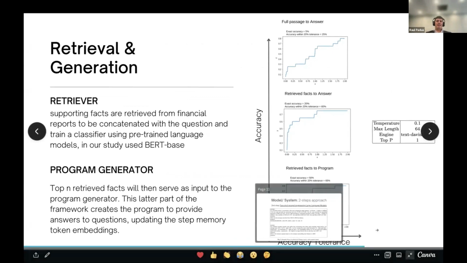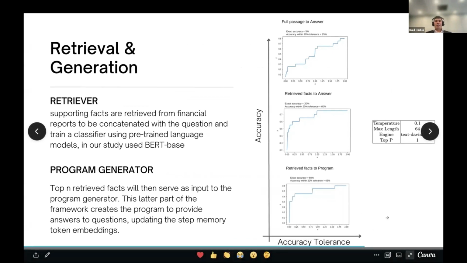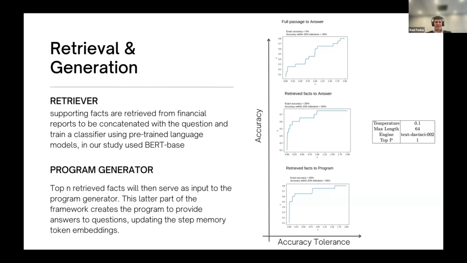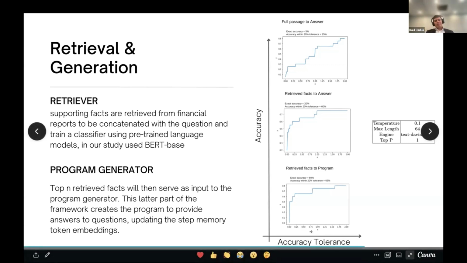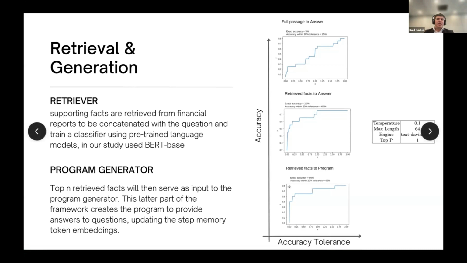So we have here on this axis the accuracy tolerance. If you become a little bit more flexible and increase this axis, you can call it the elasticity. And here's the accuracy. As I showed you, with zero-shot prompt engineering the model did a terrible job.